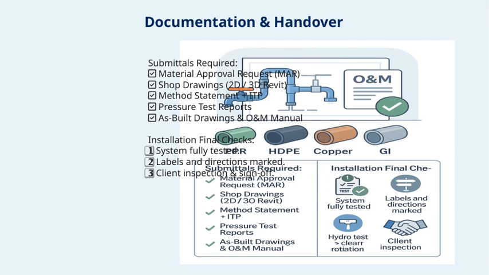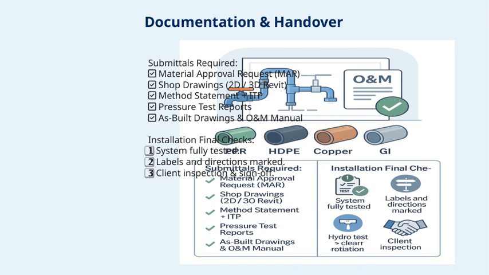Next, the Method Statement and Inspection Test Plan, or ITP, outline how the work was carried out and how quality was maintained. Pressure test reports are essential to verify the integrity of the system under operational conditions. And finally, as-built drawings and the Operations and Maintenance Manual, or O&M Manual, provide the final record of the installed system and instructions for ongoing maintenance.